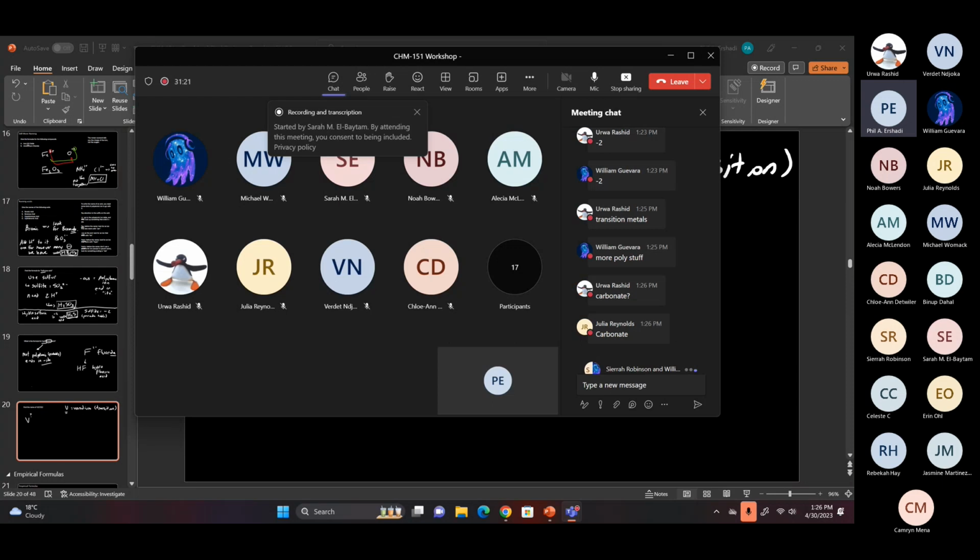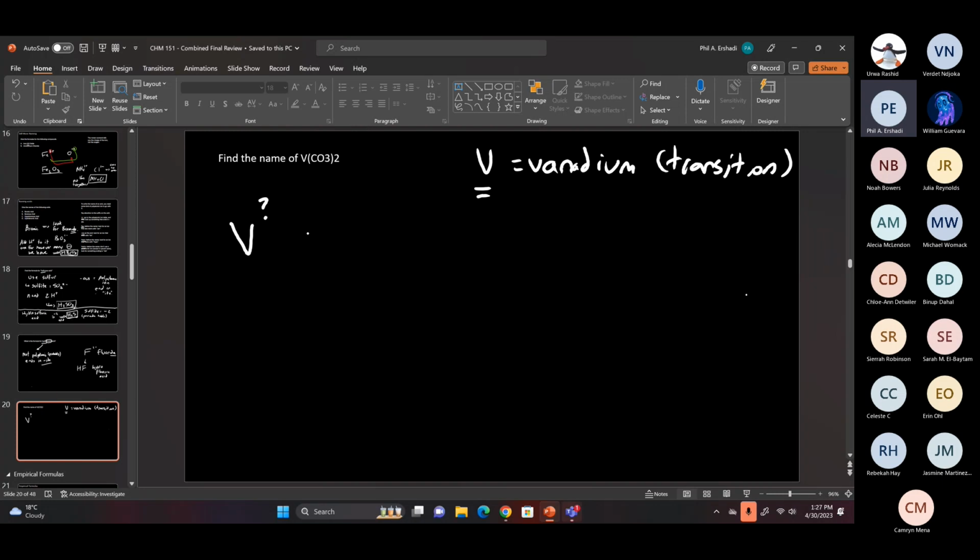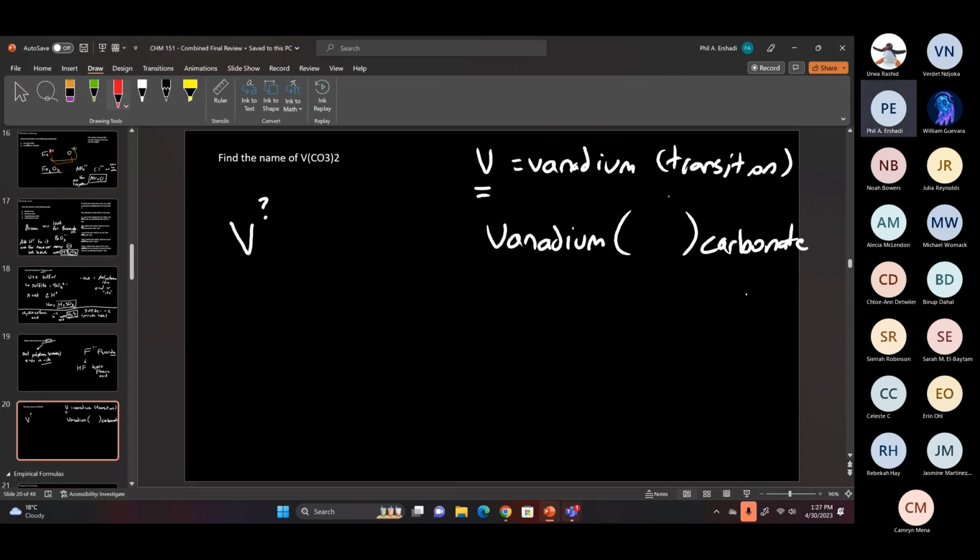And what was the charge? 2 negative. 2 negative is the right answer. So we'll say you have vanadium something carbonate. And for now, we're not sure what goes inside that parentheses, but we know something has to.